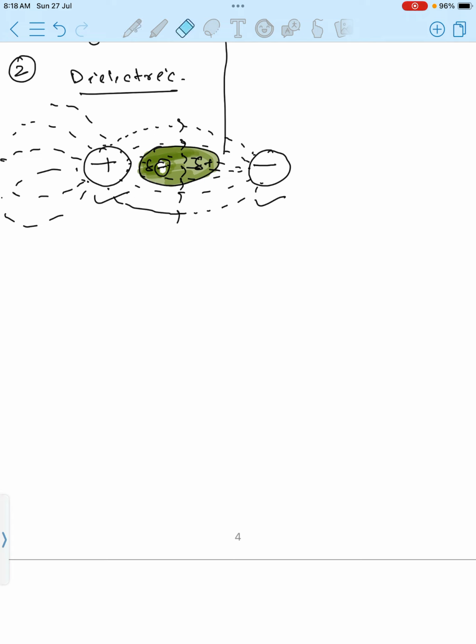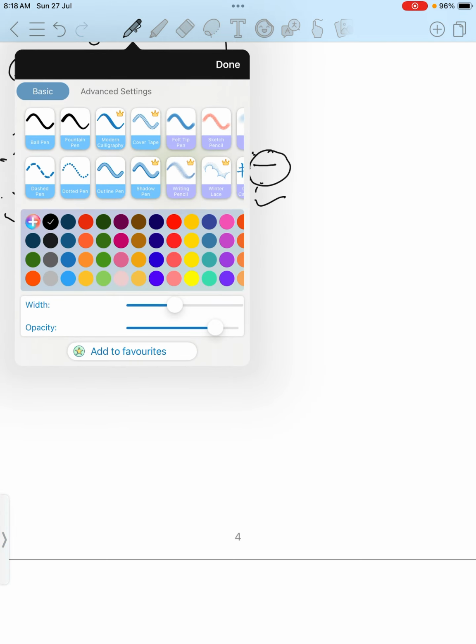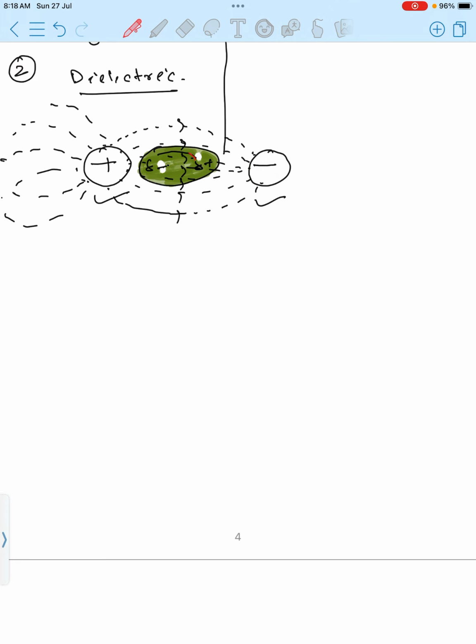This is the negative dipole. As the electric lines of forces move from point positive charge to point negative charge, in the solvent molecules what will happen? Here also electric lines of forces will be directed, and this will be directed in this particular direction.